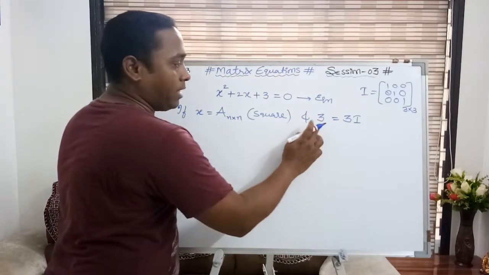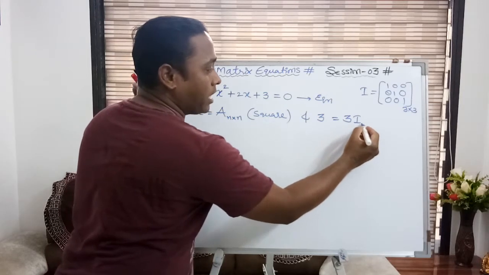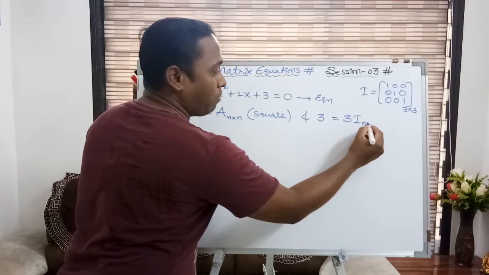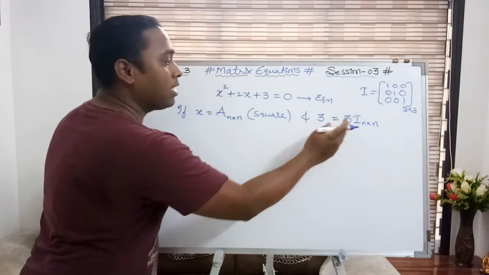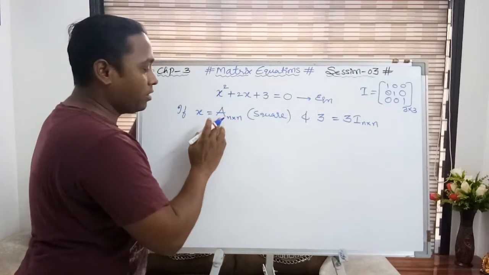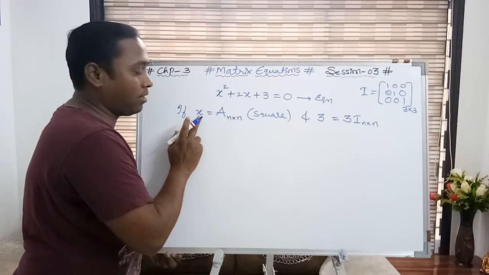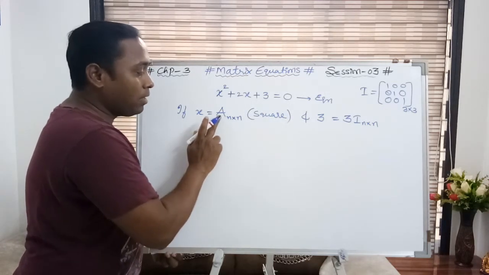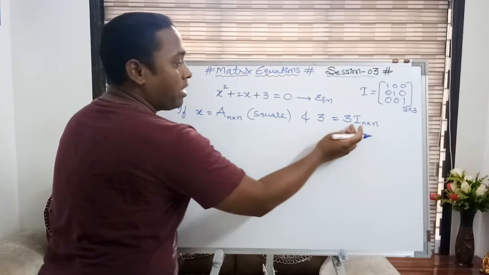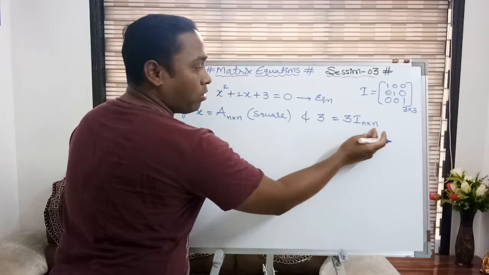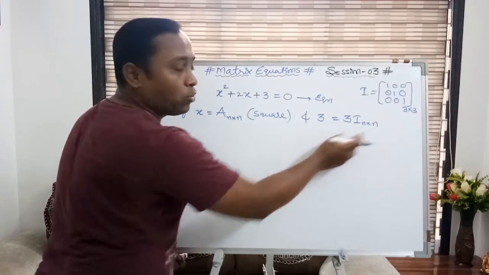What will be the order of the identity matrix? It depends on the square matrix which is taken in place of x. If the matrix in place of x is of order 3 by 3, then the identity matrix also has to be 3 by 3, and if it is 2 by 2, it would be 2 by 2.